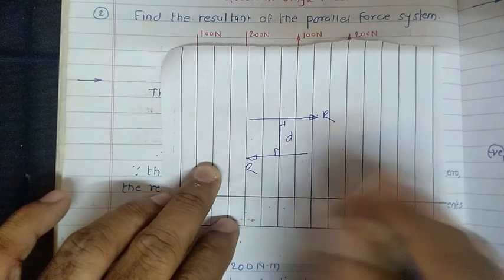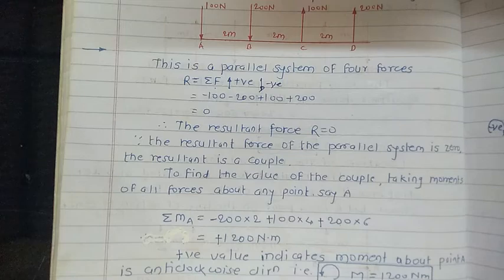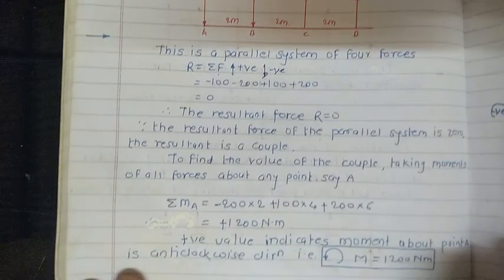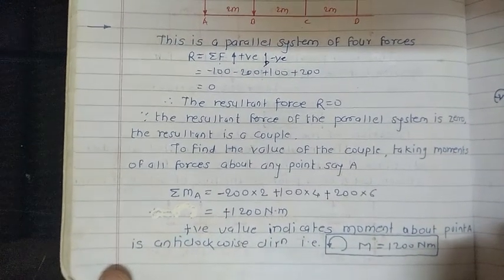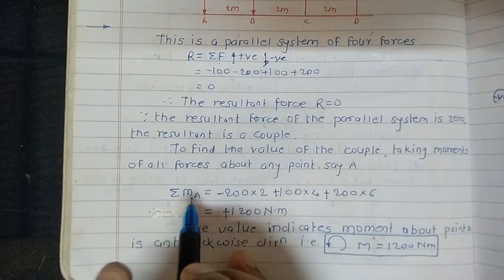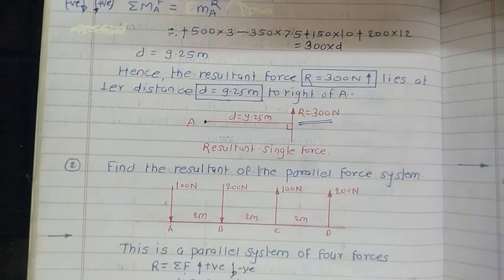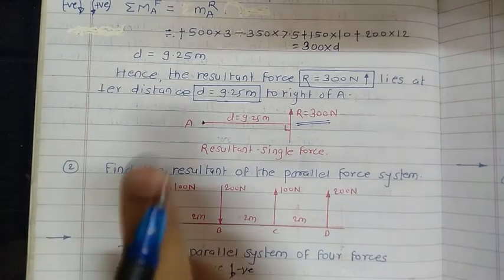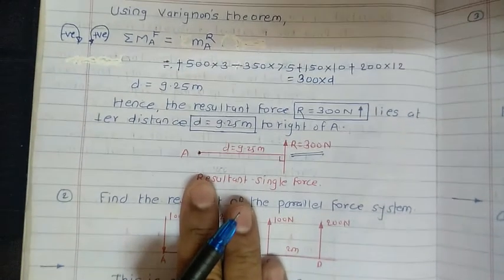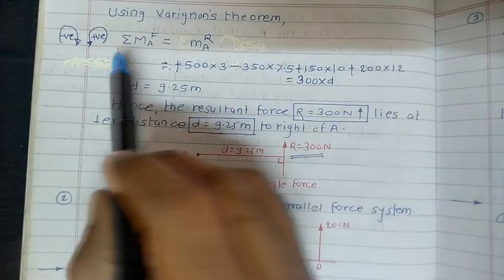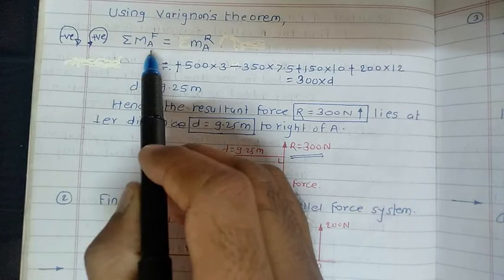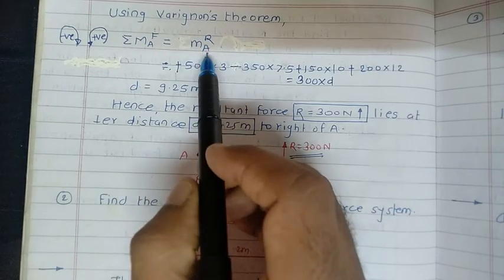Now we'll take the moment of all the forces about the point A. Our target is to get the value for that moment. In the previous problem, we solved for this to get the distance value. In this case, Varignon's theorem written here says the summation of moment of all the forces about any point equals the moment of the resultant force about the same point.